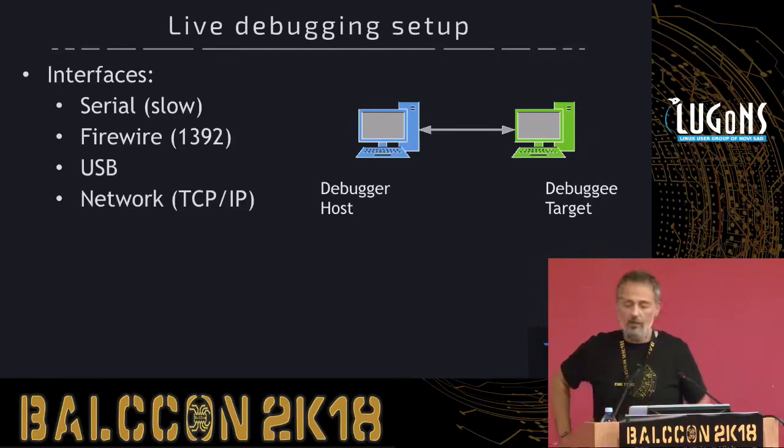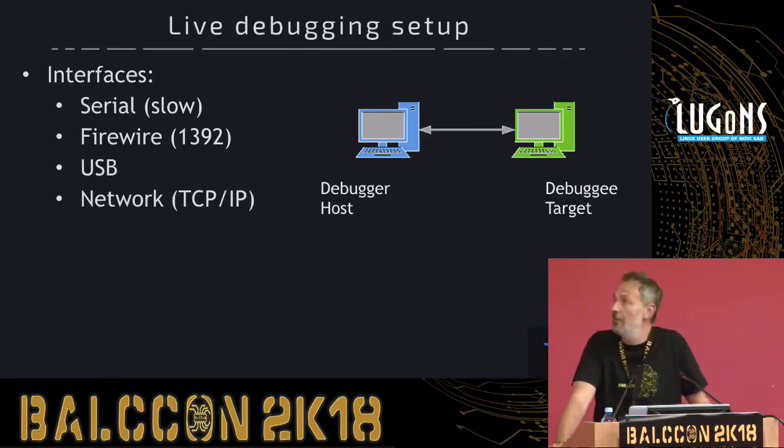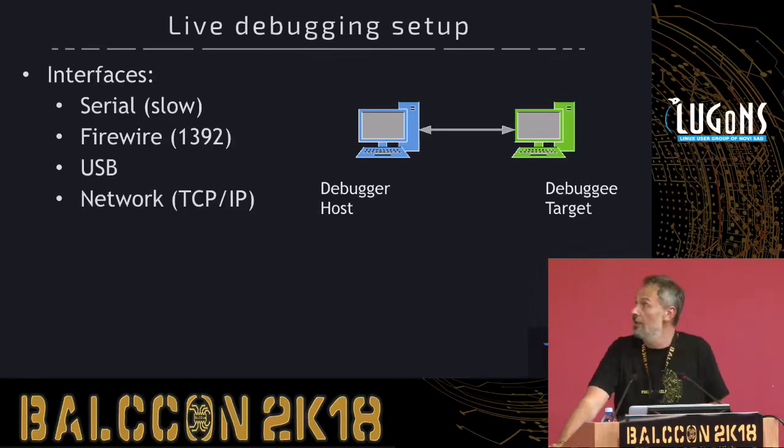Typically, WinDbg started with a serial connection, and even if you set it up with, let's say, a virtual machine host and a virtual machine going through a named pipe, it's still very slow, and it can't achieve the speeds that you need to properly debug. So there are some other protocols like FireWire.